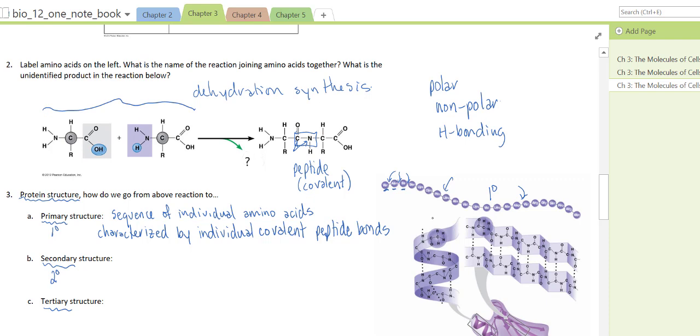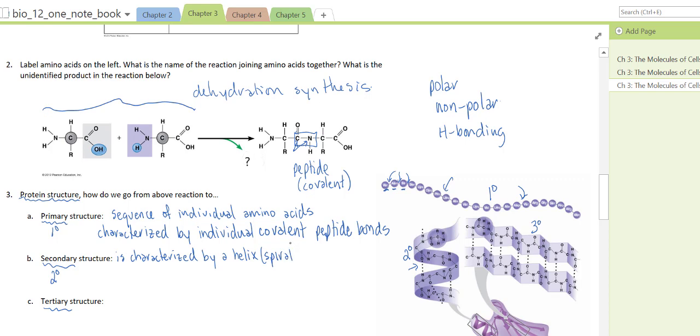Secondary structure is this picture over here, and also this picture here. There are two different shapes to the secondary structure. One is what we call the alpha helix, so that's the first one. A helix is what we call a spiral shape.